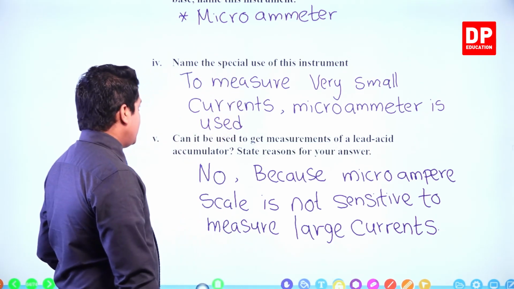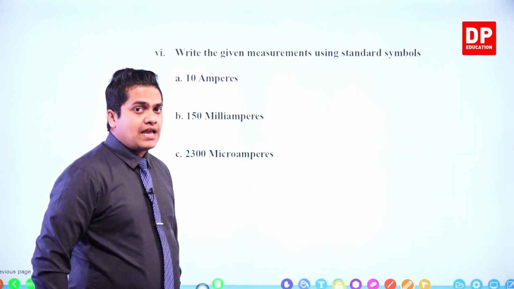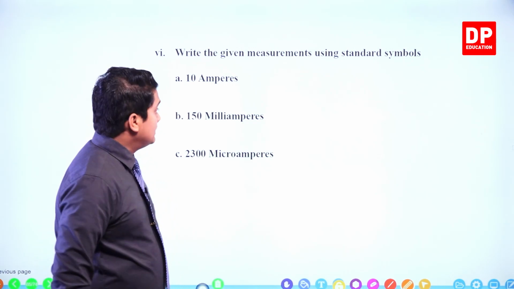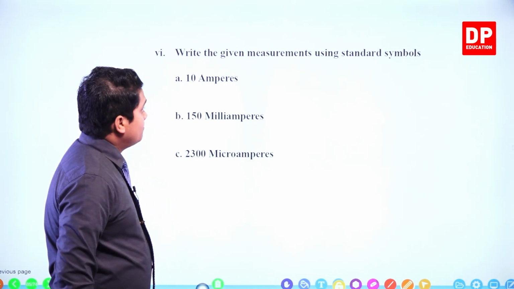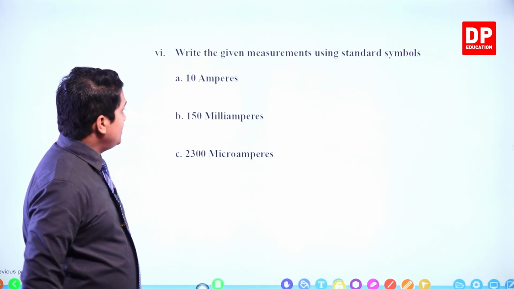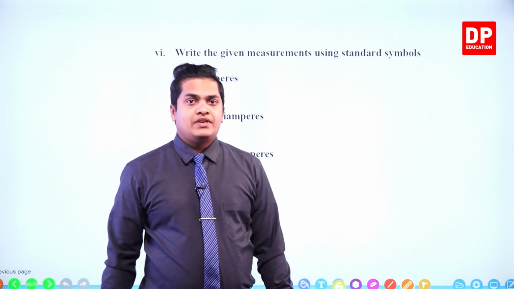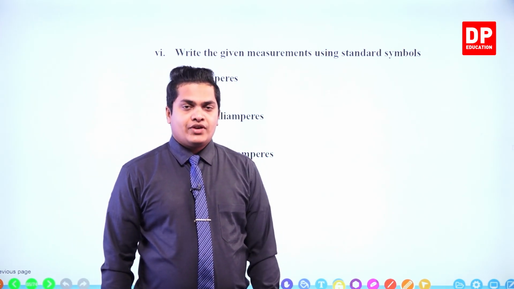Okay, then let's move on with the next question. We have to write down the given measurements using the standard symbols. The first one is given as 10 amperes. You know that amperes are used to measure electric current.